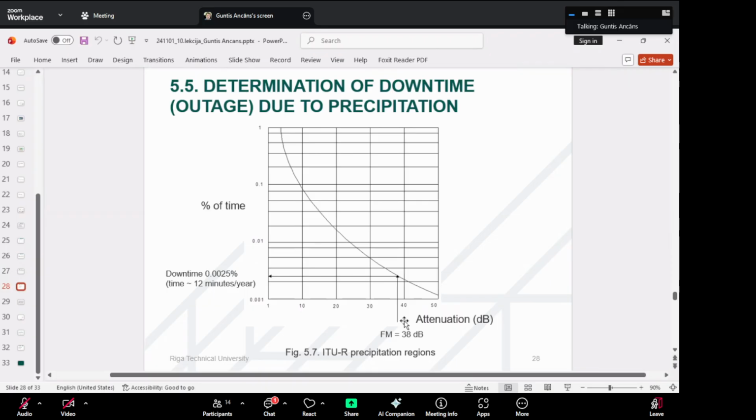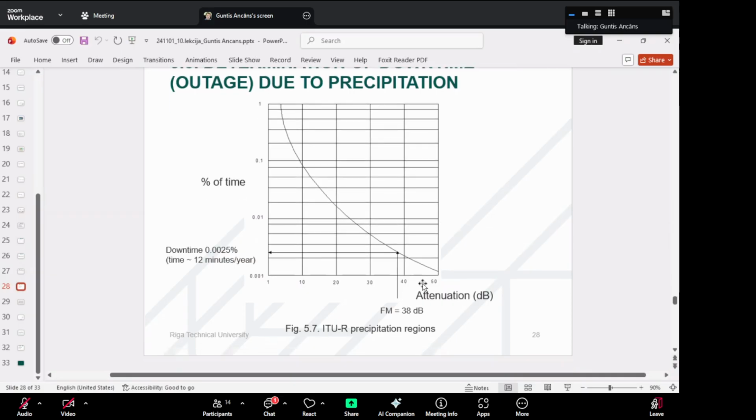The fading margin should be about 38 decibels in this case. This is for the radio link settings. For this case, the calculated value is this one.